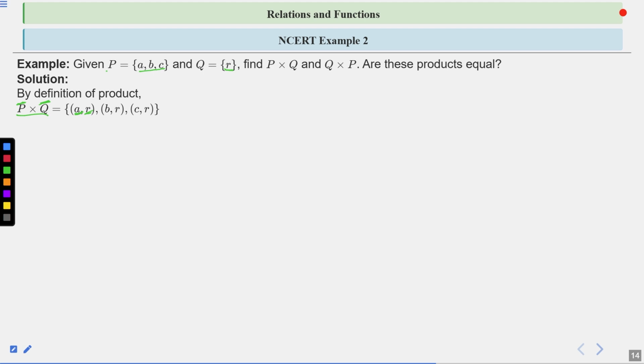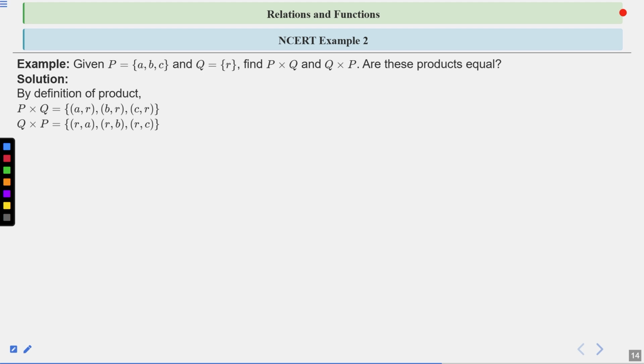So in total how many pairs will you get? Simply 3 times 1, 3. Now what will our pairs be? A can be paired with R, B with R, C with R. So (A, R), (B, R), (C, R). Clear?